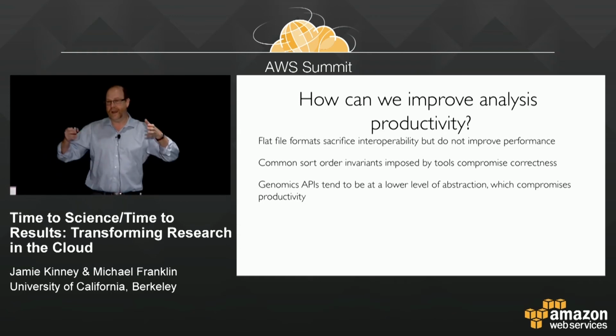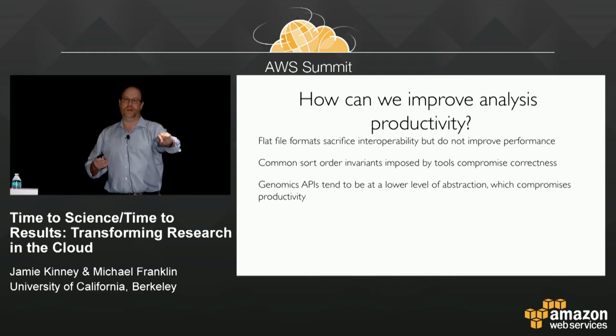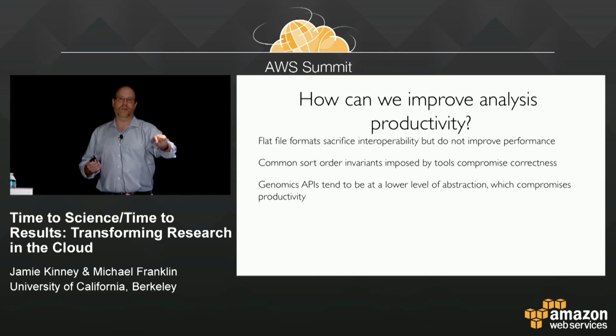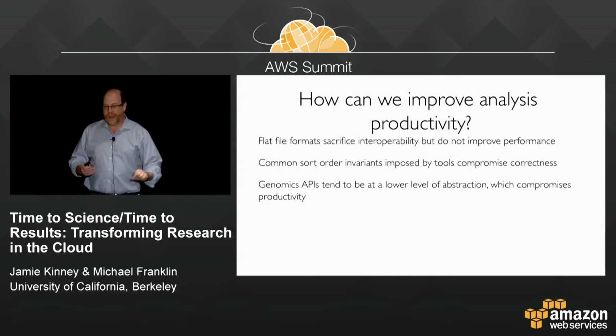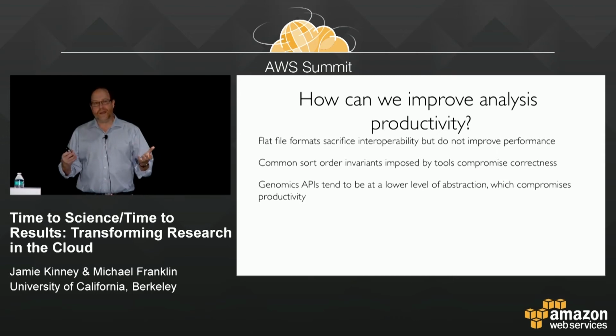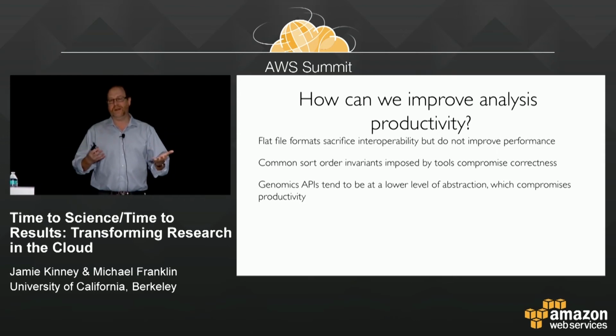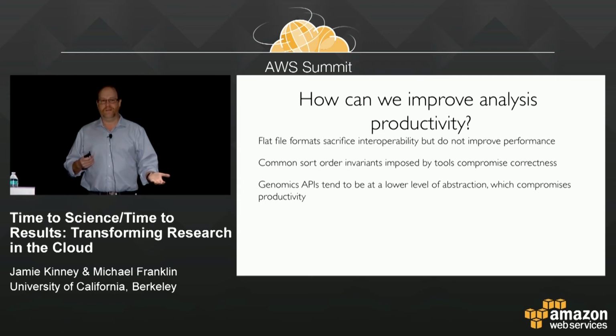So if you wanted to take an existing genomics pipeline and change a little piece of it, you could very easily break things because there's some invariant in there that you've now violated that maybe wasn't even documented anywhere. So these pipelines are very brittle. And beyond that, they're just written typically at a very low level, and so there's a productivity hit.